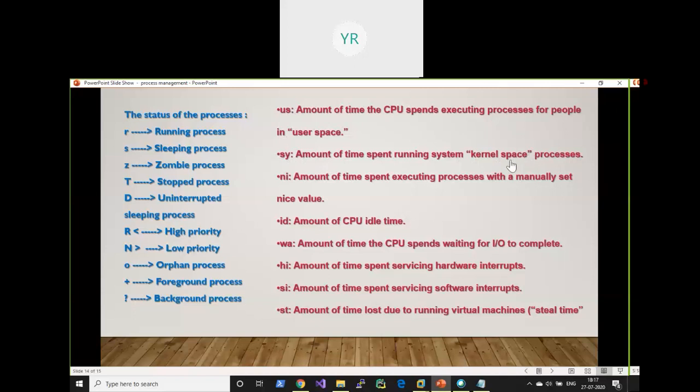Kernel space means the processes handled by the kernel, that is the system. User space means the processes handled in user space. Kernel space means, suppose, handling in the background, looking after the IO devices, checking the IO devices, configuring, all those things come under kernel space.